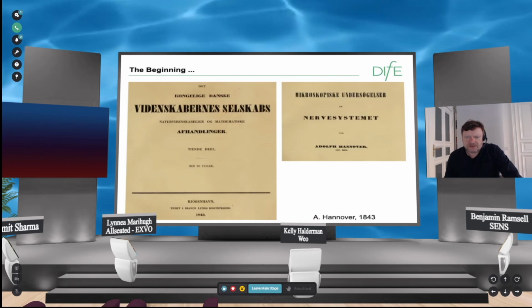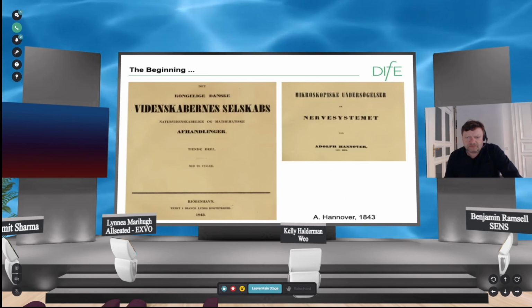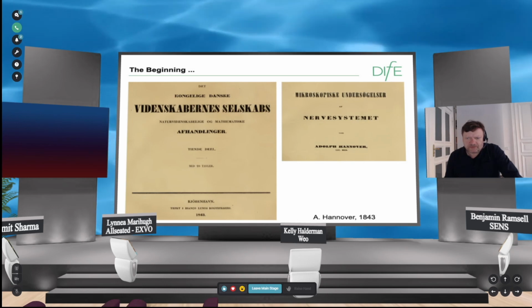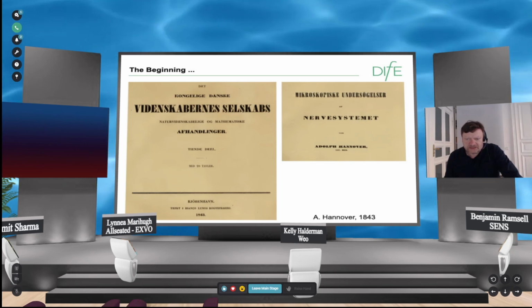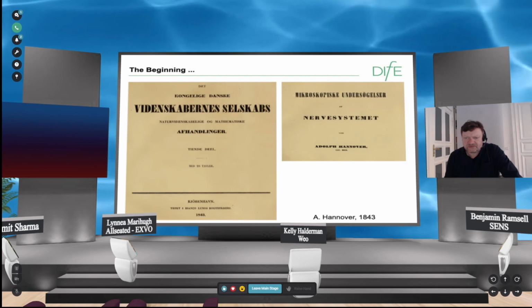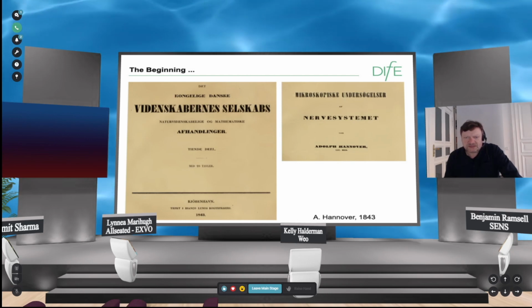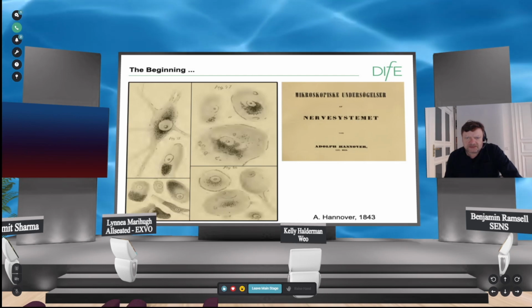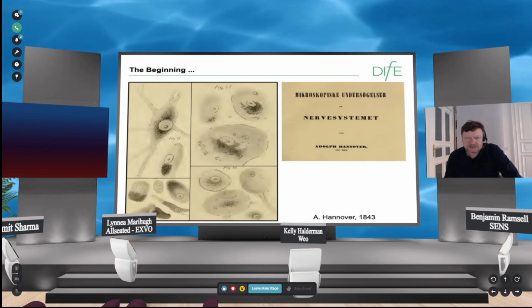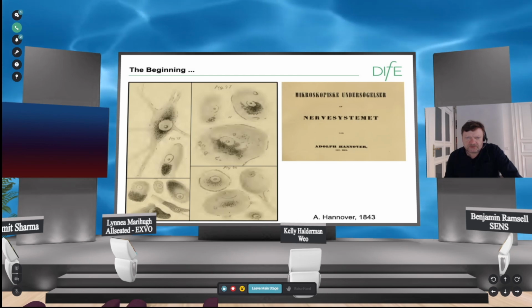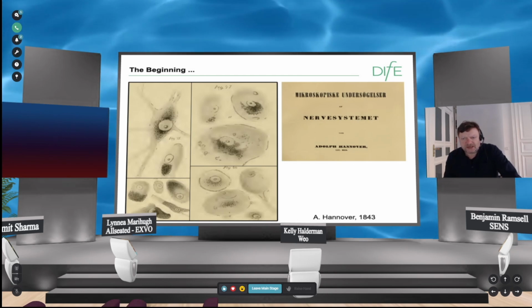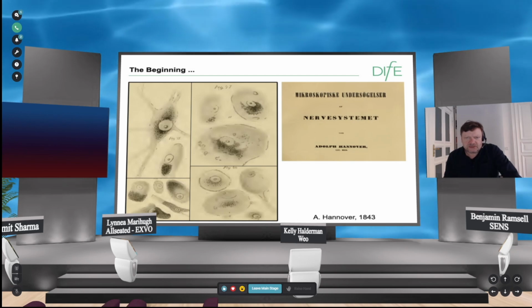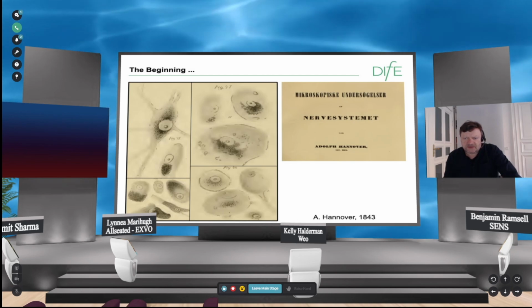I dug out a very old publication from 1843, long before the US Civil War. The author, Hannover, already presented the first drawings of cells accumulating protein aggregates in the perinuclear area, and this was continued over the decades afterwards.